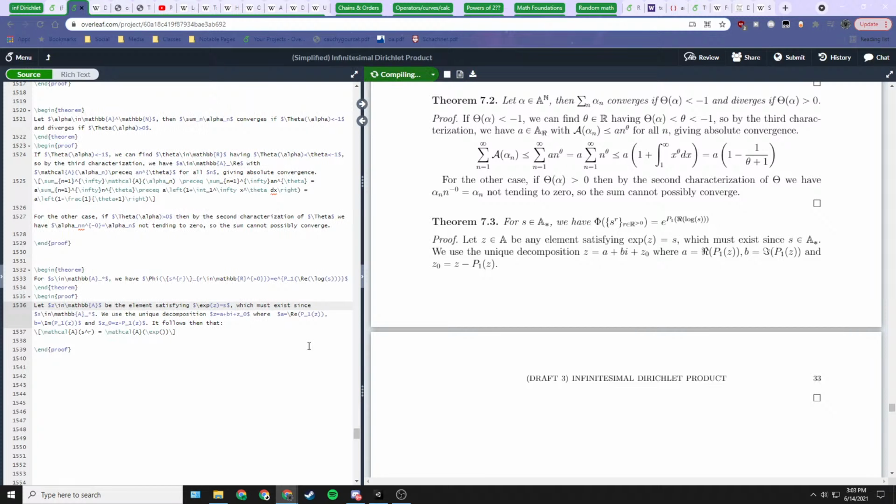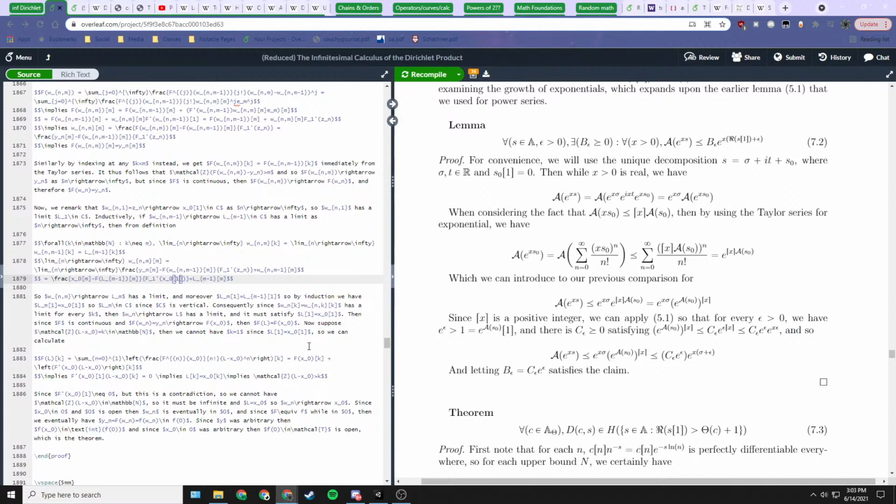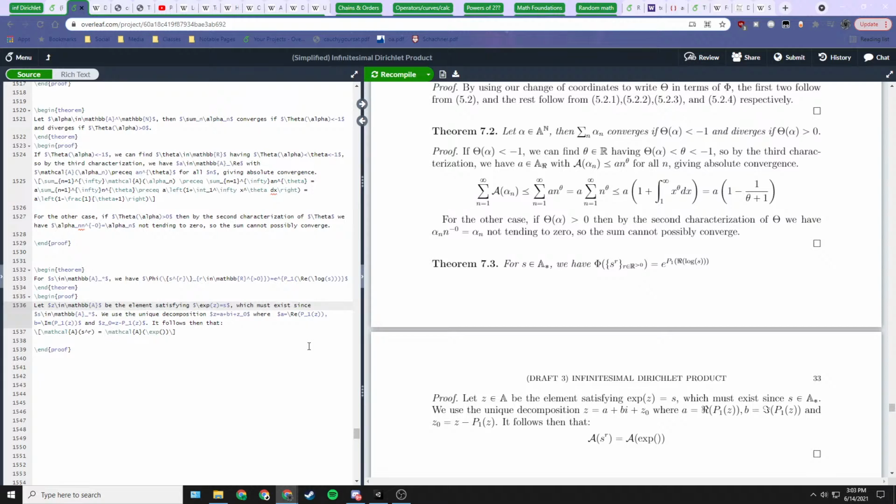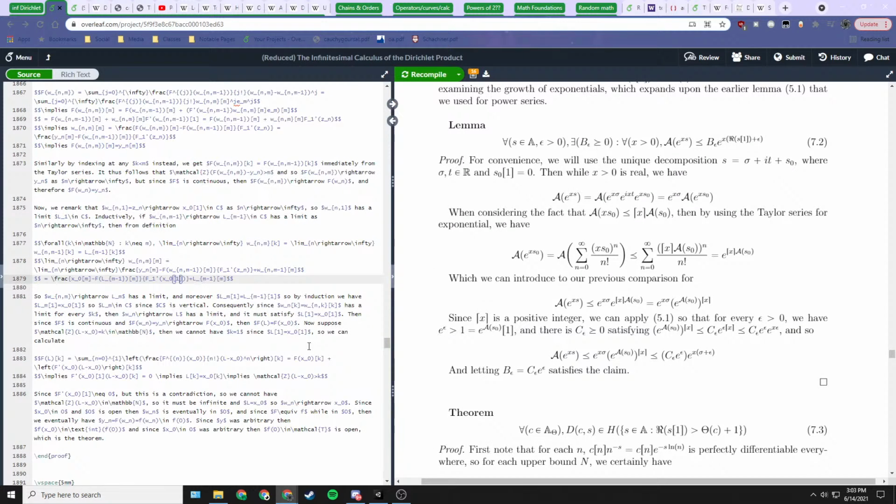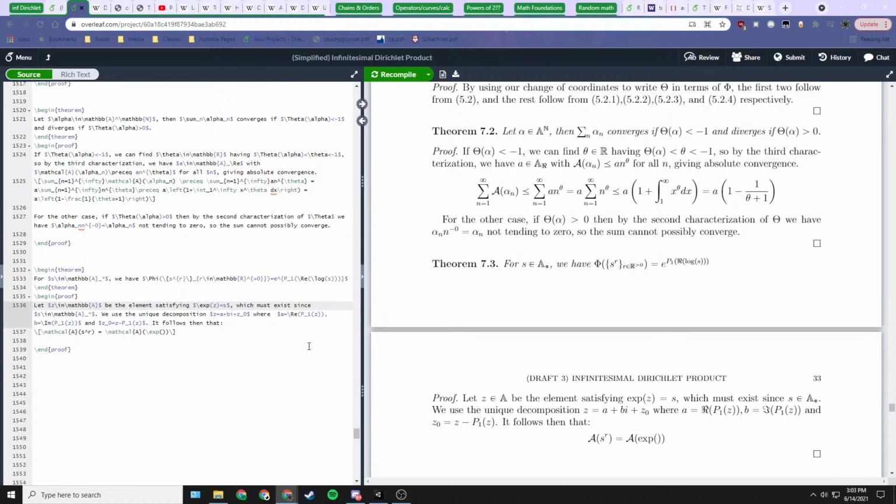Oh wait, actually maybe, what do we do here? We're going to run into an issue maybe, because we're being ambiguous about the logarithm in this branch here.